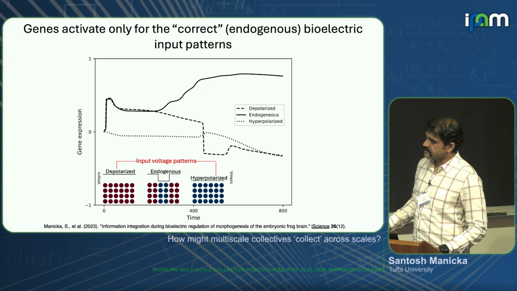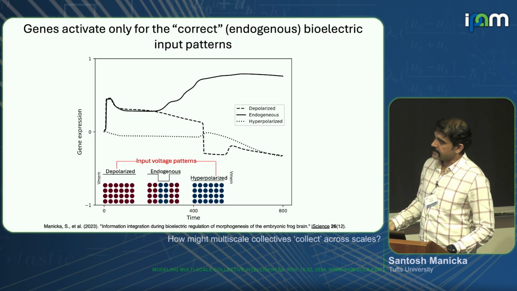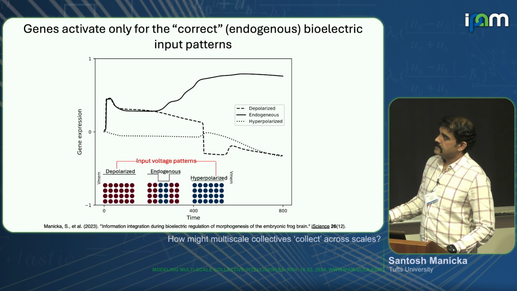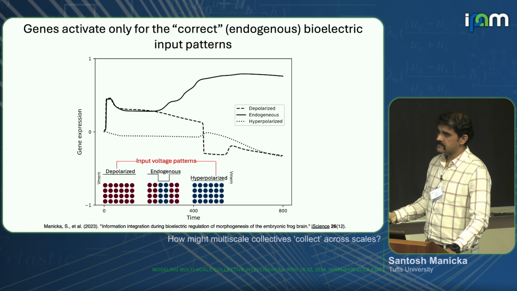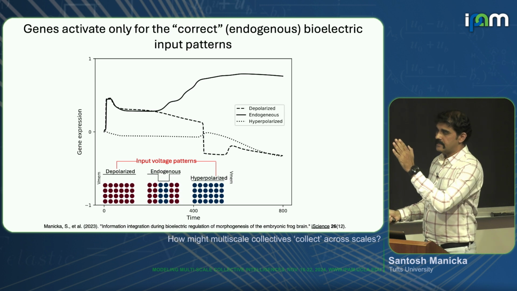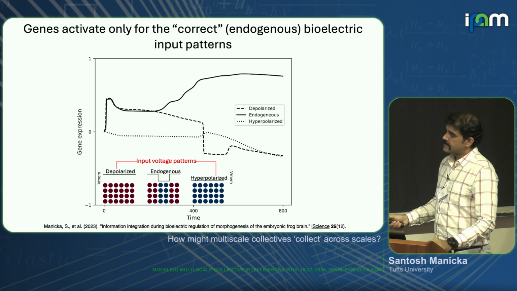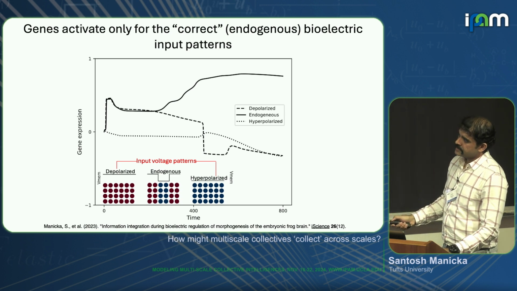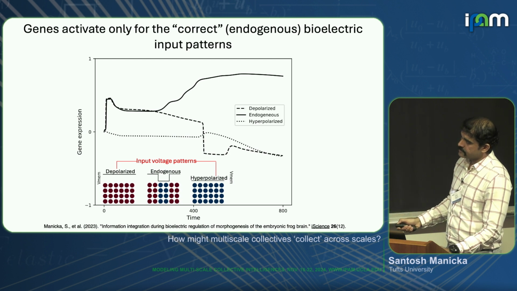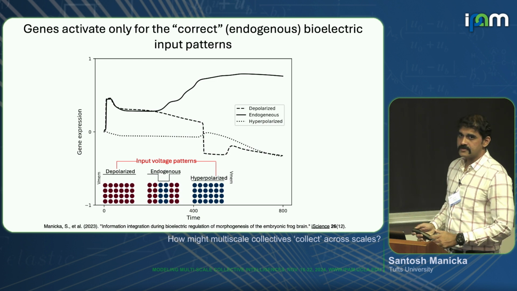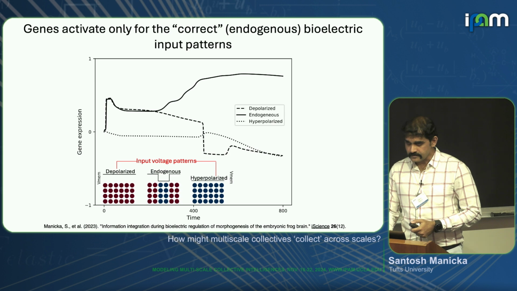So the x-axis is time, and the y-axis is gene expression, and the lines indicate the gene activity for 3 different kinds of bioelectric patterns. If it was endogenous, which is the red, blue, red, then the gene expression turned up over time, but for the other 2 patterns, they turned down. So the model was able to solve this problem.